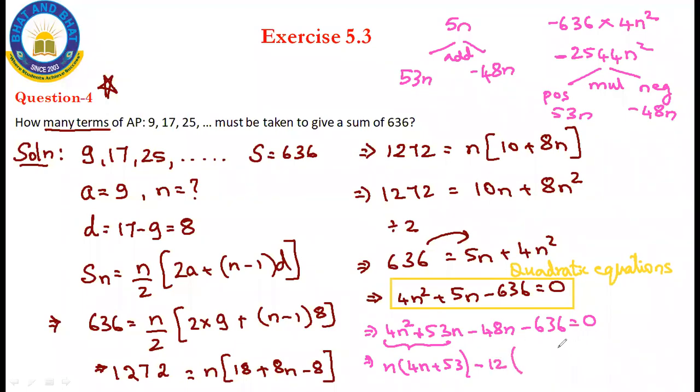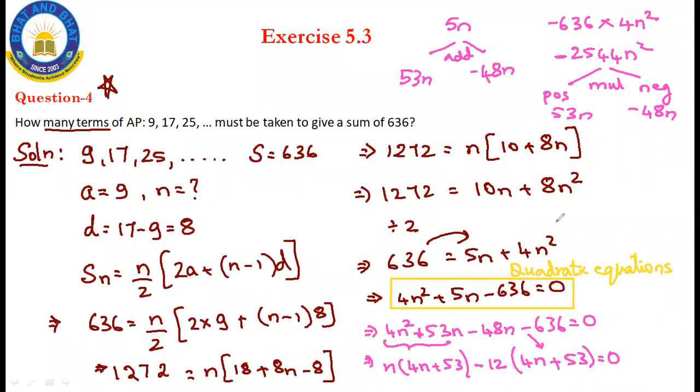So 12 fours are 48, so 4n. Since I have taken minus outside, this will become plus. Then 636 divided by 12: 12 fives are 60, 3 is the remainder, 12 threes are 36, is equal to 0. Understood, students? Is that clear to all of you?